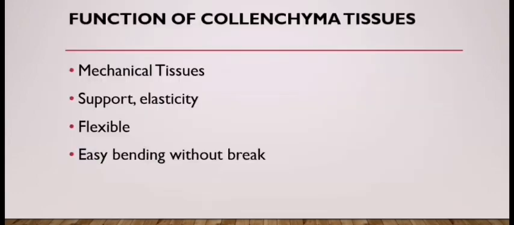Now we will see what the functions of collenchyma tissue are. They provide mechanical support, because they are also called mechanical tissues. They provide support, elasticity and flexibility, which means they allow easy bending without breaking. For example, if a plant or a tree has to support its branches during a calamity like wind or storm or heavy winds, collenchyma tissue is providing support.